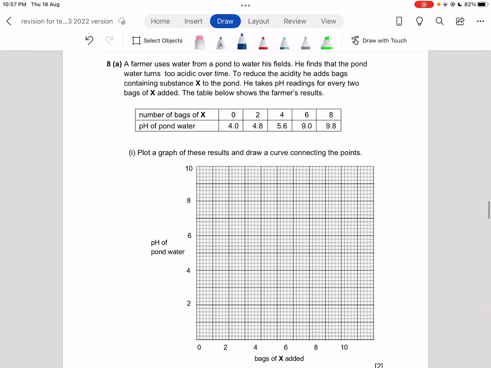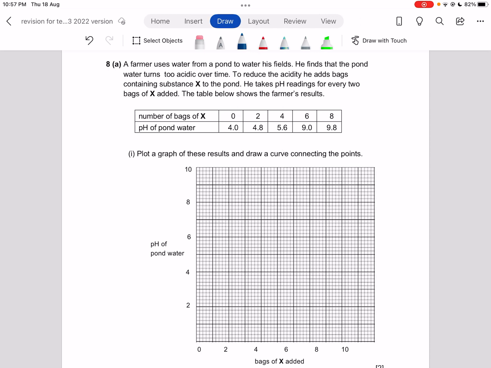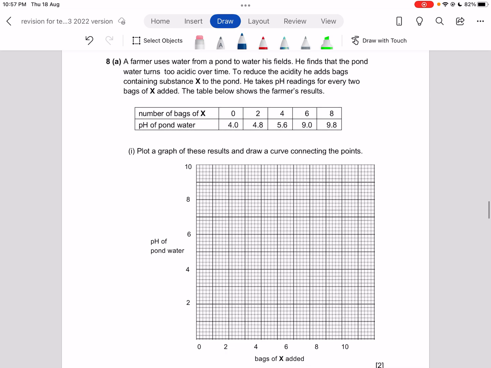Okay, so next one on farmers. I emphasized this quite a lot a few times in your assignment, as well as in the notes. Right, okay, so a farmer uses water from a pond to water his fields. He finds that the pond water turns too acidic over time. So to reduce the acidity, he adds bags containing substance X. He takes a pH reading for every 2 bags of X added.